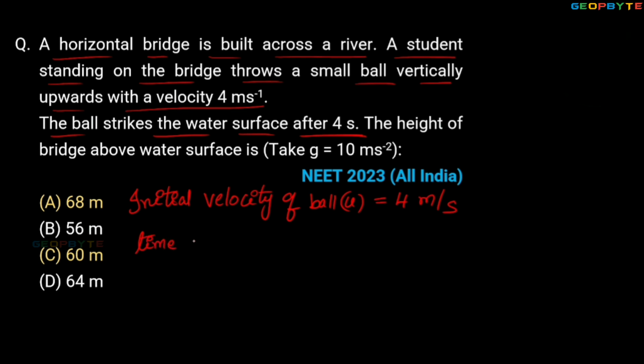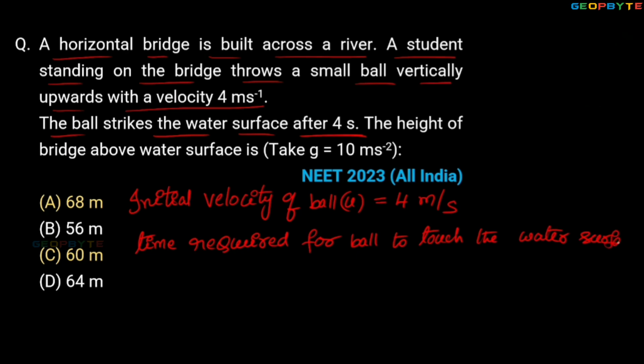Time required for the ball to touch the water surface, let that be t equal to the given 4 seconds. Okay. The height of the bridge above the water surface.